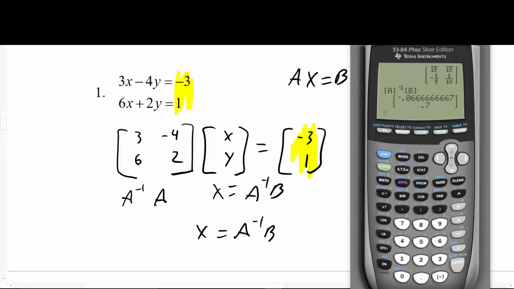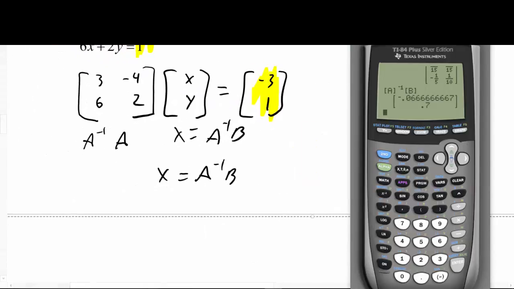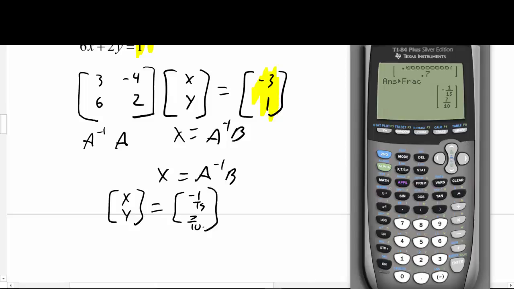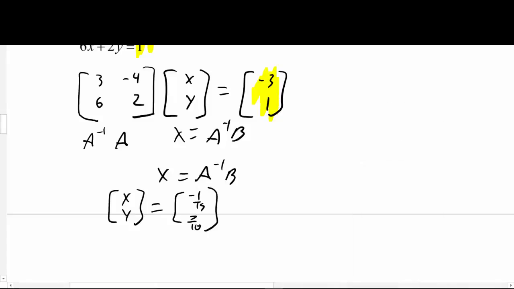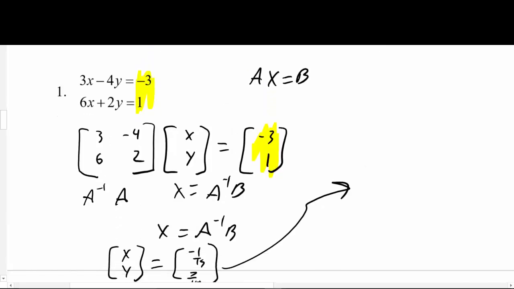So what we have just solved for is this whole thing that will result in x, y, equals, and if you need to, we can do a little fraction: -1/15 and 7/10. So what does that mean? Well, we were still solving the same types of problems we were doing in the previous sections.